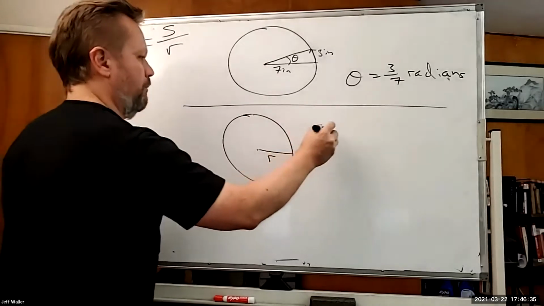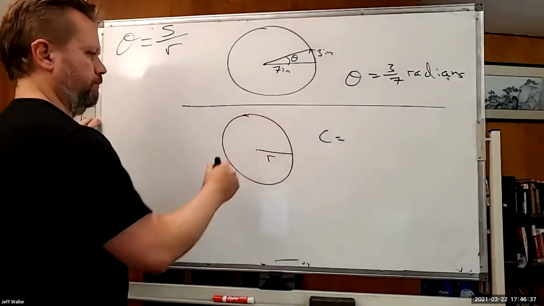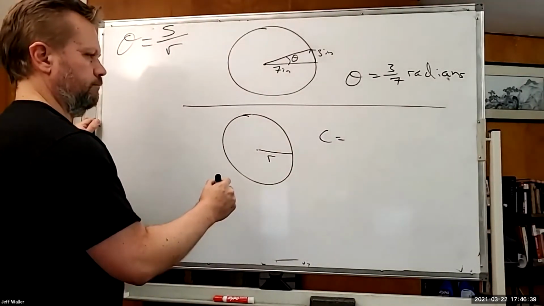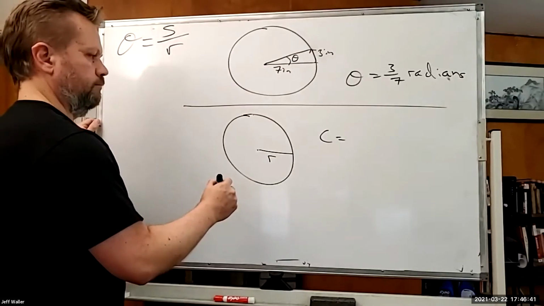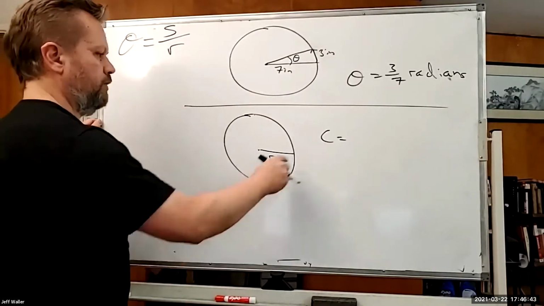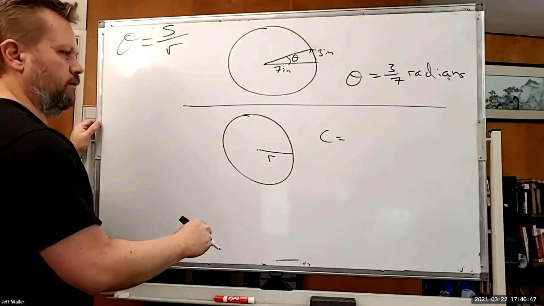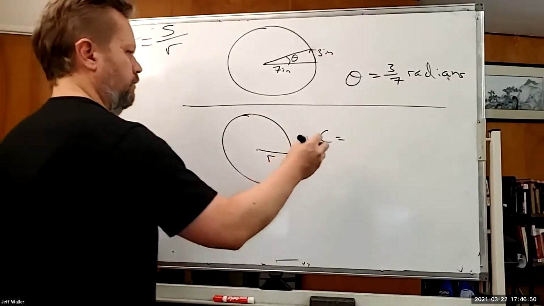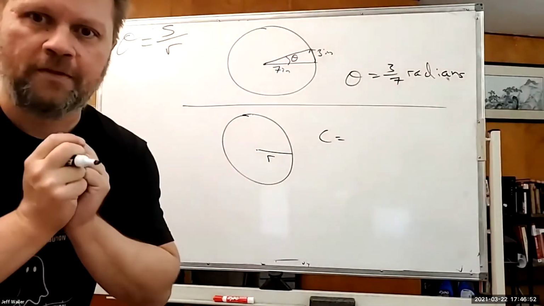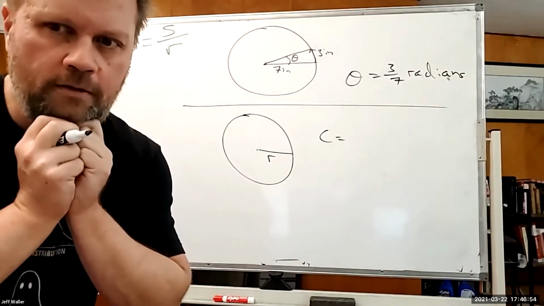Now, let's build our way back to this. What is the circumference of this whole circle? You can do this. Pi r squared? No, careful, that's the area. 360?